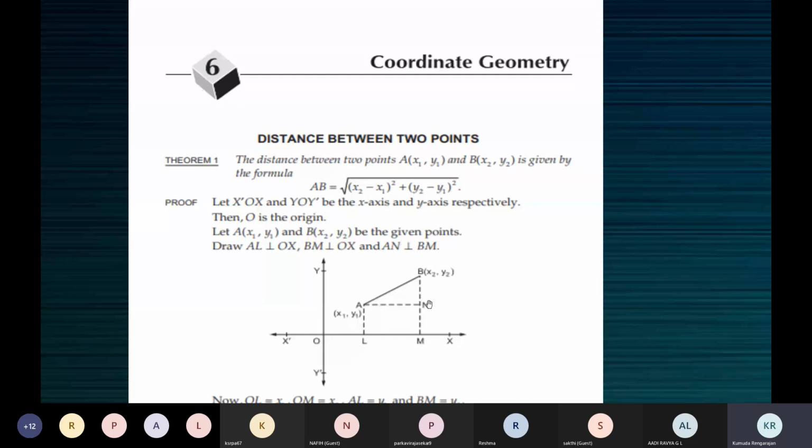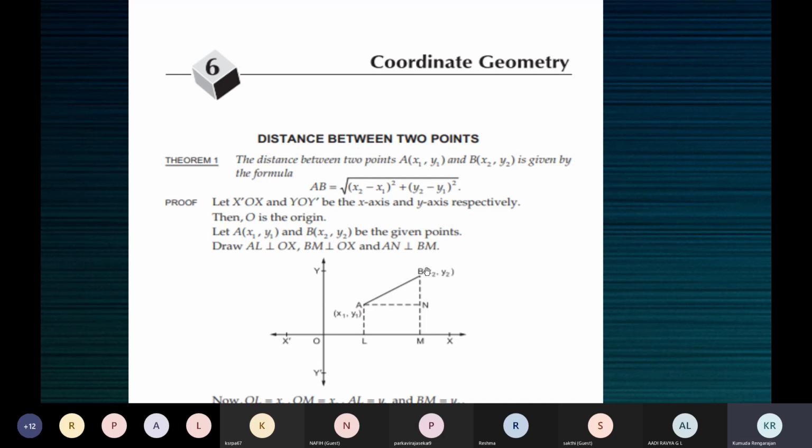Like this, we have a right triangle being formed here, right angle at N, wherein AB is the hypotenuse. ANB is the right triangle at N by construction.